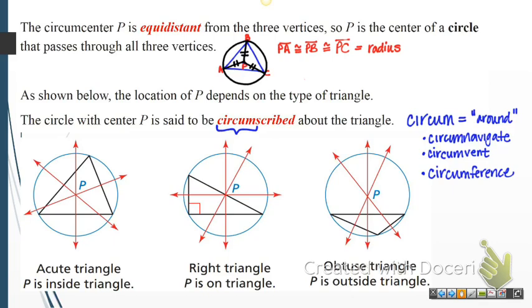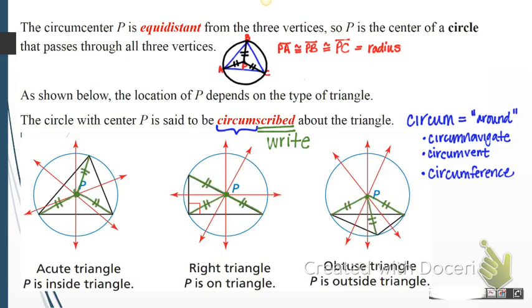To go around the circle. So the circle is going around the triangle, and P, the point of concurrency, is called the circumcenter. So the center of the circle that goes around. And of course, circumscribed means that you're drawing it around or writing the circle around.